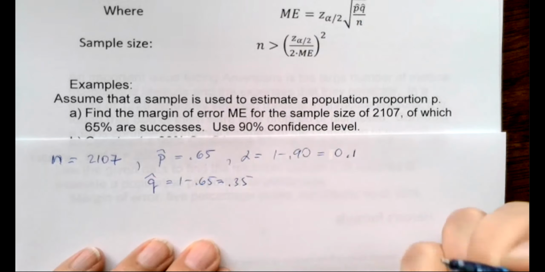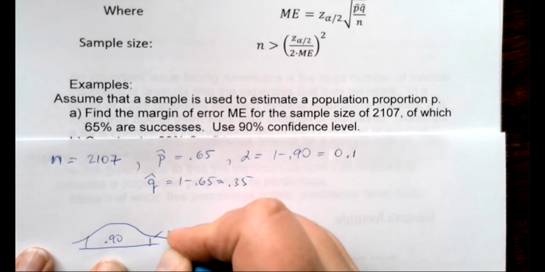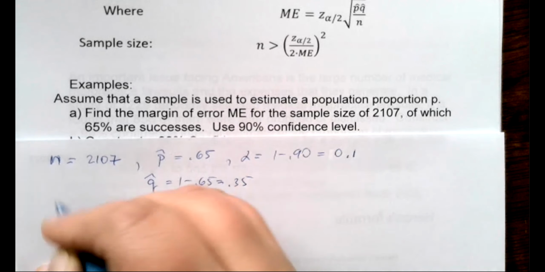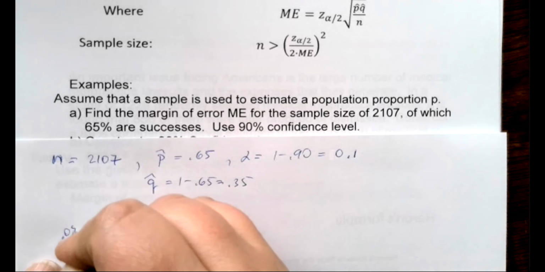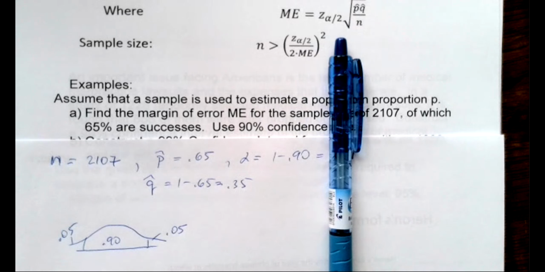Well, we're going to go into our StatCrunch, and since we're talking about a 90% confidence level, our alpha is 0.1. So in each tail, we're going to have 0.05. All right, let's figure it out.